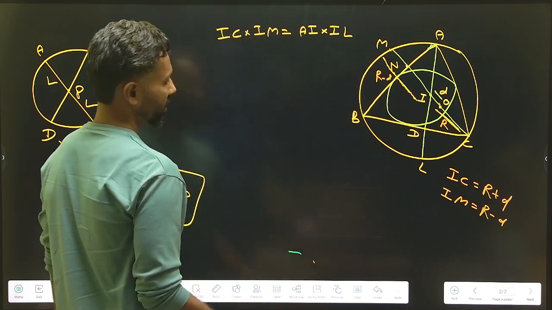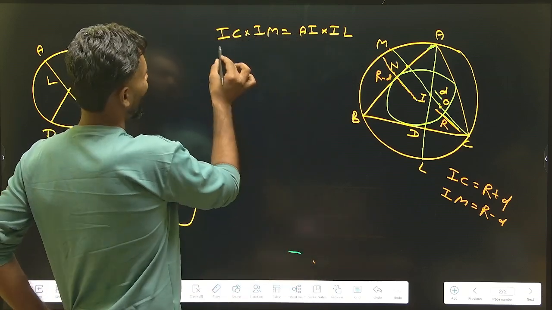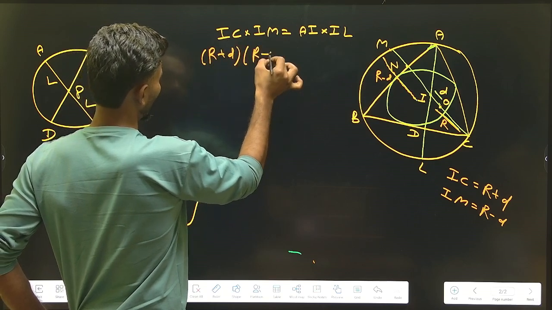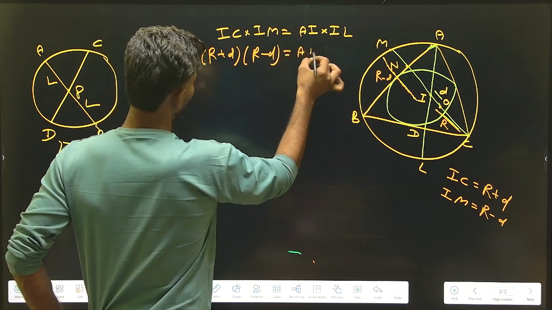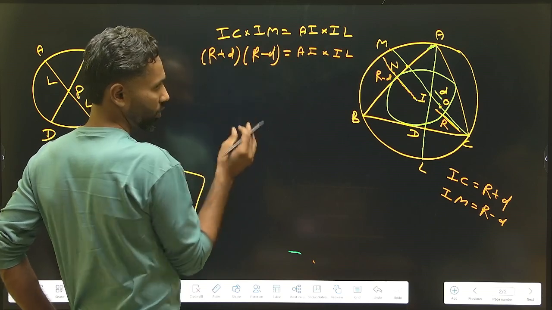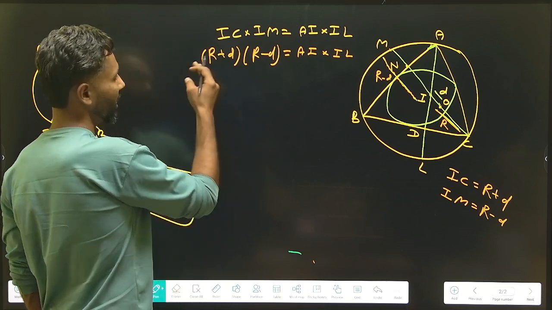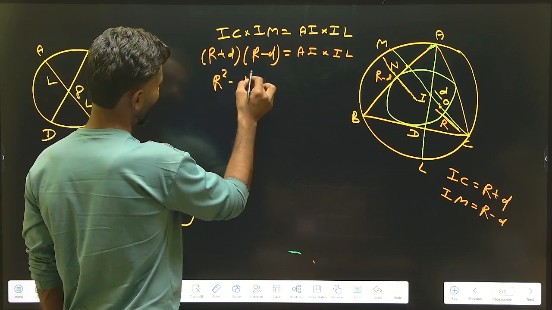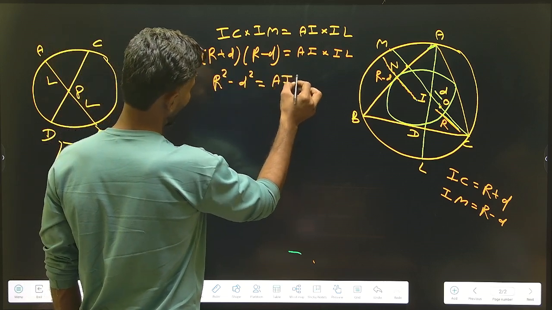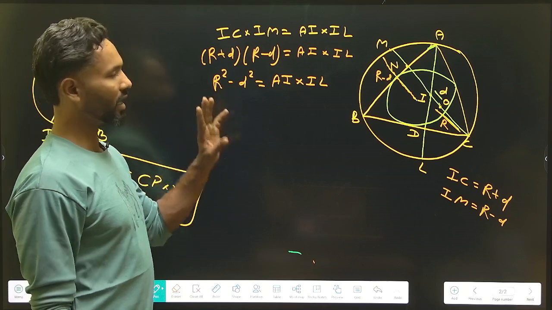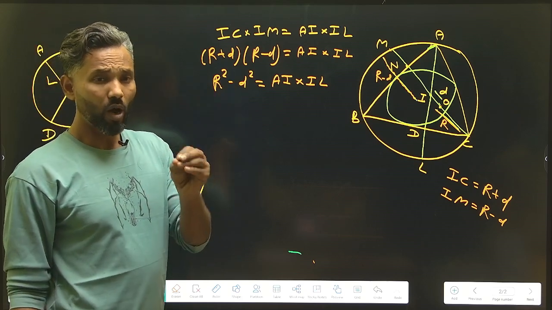I am placing here IC is R plus d and IM is R minus d, and AI multiplied by IL. Using the algebraic identity a square minus b square, it will be R square minus d square, which is equal to AI multiplied by IL. Now we have d square and R square, and we need to get 2Rr.